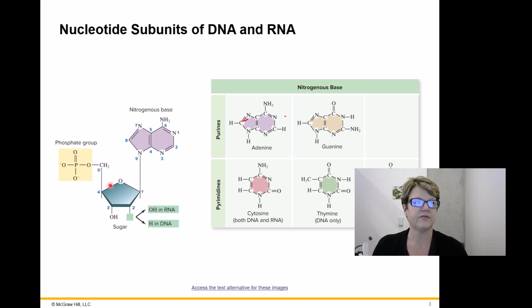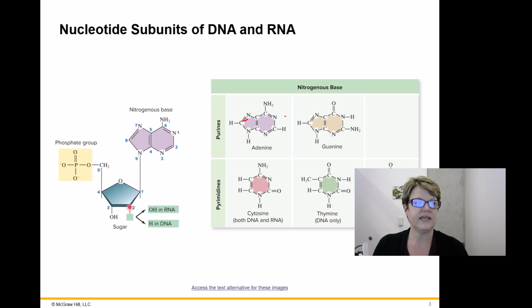So it's a monosaccharide, but this monosaccharide is attached to phosphate here. And it's also attached to something called the nitrogenous base here. So we say the number 1 carbon on the ribose sugar is attached to the nitrogenous base. The number 5 carbon on the ribose sugar is attached to the phosphate.